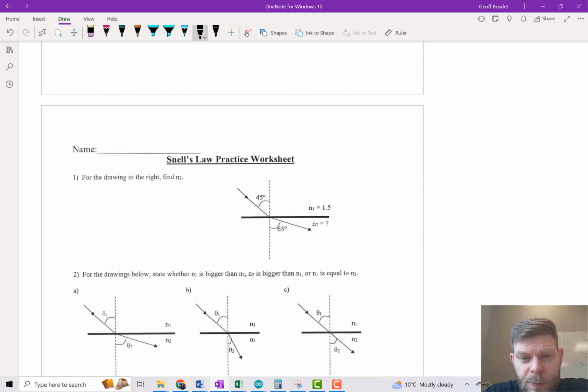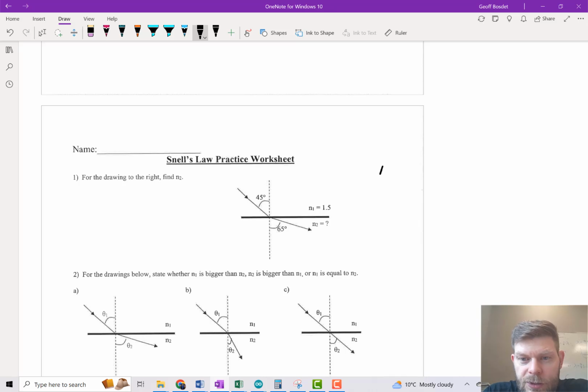By the way, since this is bigger, I know my index has got to be smaller. They're kind of inverses of each other. So as angle gets bigger, the index has to get smaller because they kind of multiply to each other. Really, this times sine of this equals this times sine of that. But if one goes up, the other has to go down, and sine theta goes up as theta goes up.